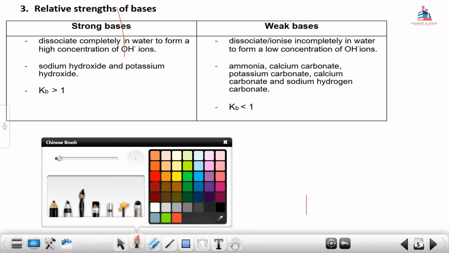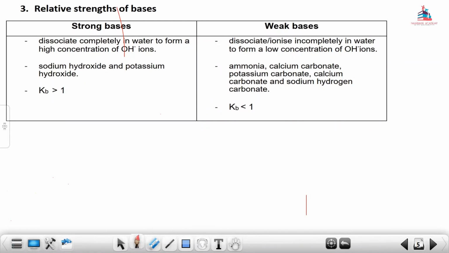So remember, everything is based on the Arrhenius theory as well as the Lowry-Bronsted theory. Arrhenius says a base is a substance that produces OH ions.